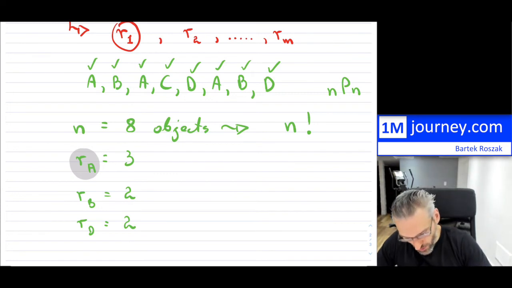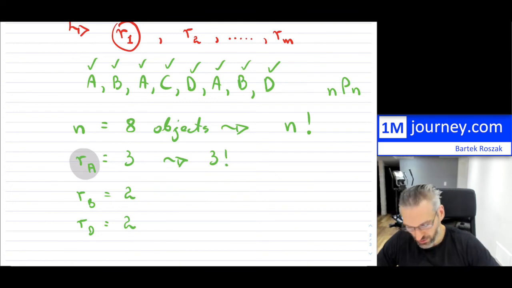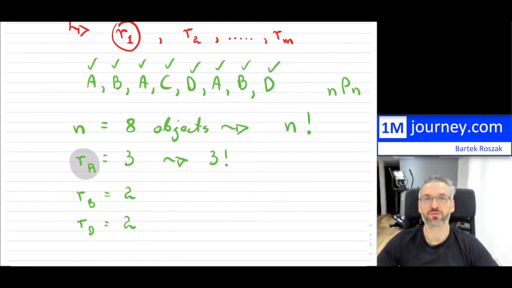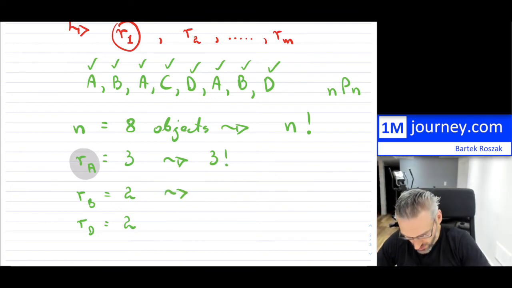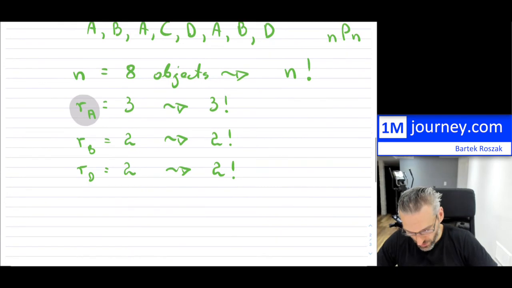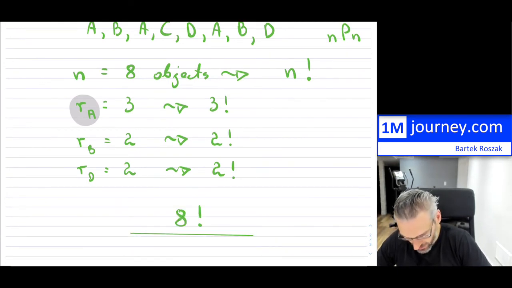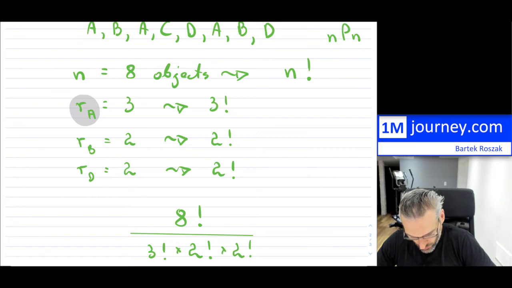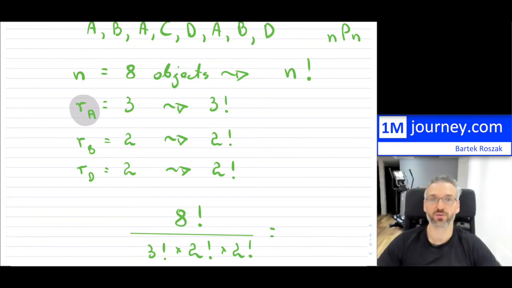And now, this one is going to be able to be swapped around 3 factorial times, this one 2 factorial, and this one 2 factorial. So we would have 8 factorial divided by 3 factorial multiplied by 2 factorial multiplied by 2 factorial to get our answer.